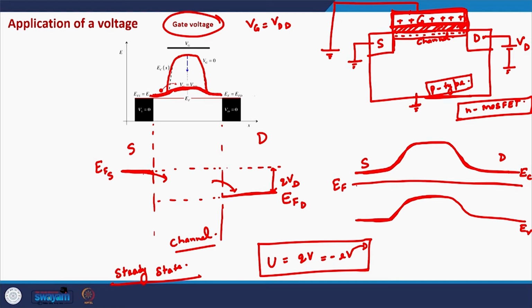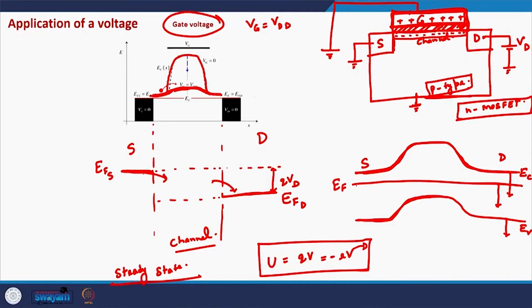So in terms of the band diagram, what happens is that now this EC, EF and EV are taken down in a way, and we cannot talk about a single Fermi level in the device. Now we need to talk in terms of quasi Fermi levels in the system. Okay. So in terms of the band diagram, if we apply a positive voltage, it will mean that the conduction band minima, the Fermi level and the valence band maxima will go down.